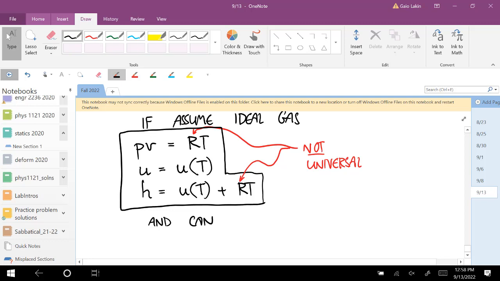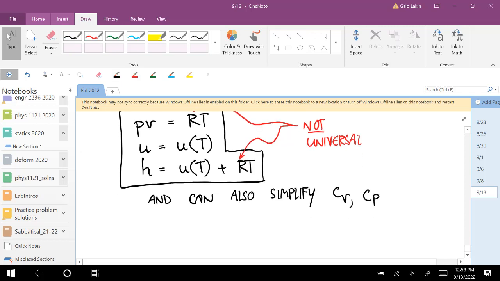You can also simplify the calculations of CV and CP. CV is just the total derivative of the specific internal energy with respect to temperature.